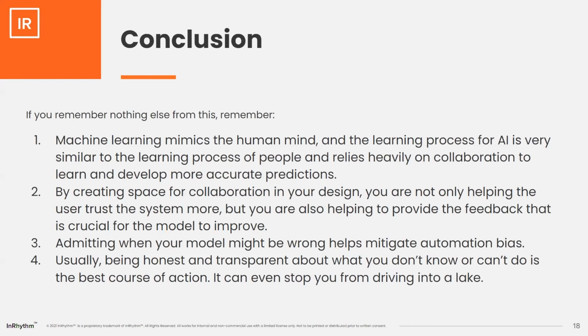By allowing your AI to make mistakes and allowing your users to teach the AI what those mistakes are, like a kid, that AI is gonna learn its lessons and it's gonna become smarter over time. So in order to do that, we need to create space for collaboration in our designs. That feedback is crucial for improving the model.